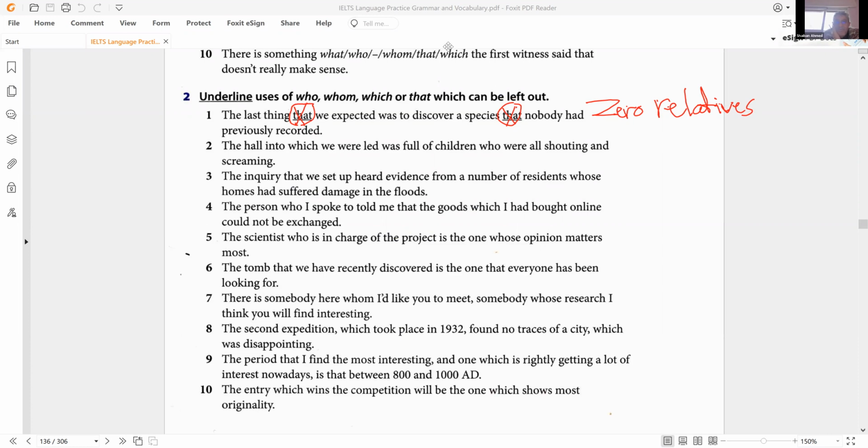The hall into which we were led was full of children who were all shouting and screaming. Is this okay? Or the hall into we were led was full of children were all shouting.